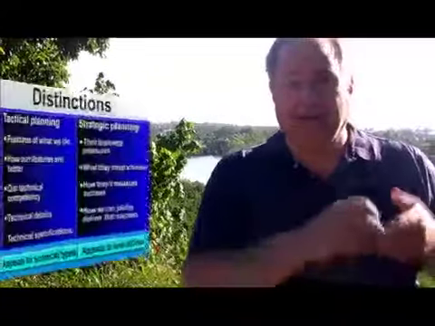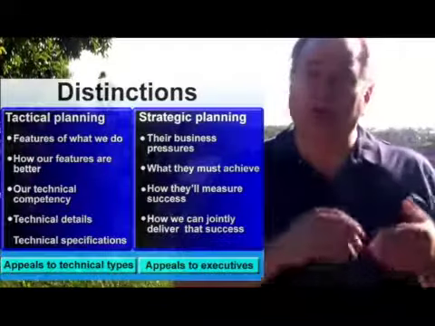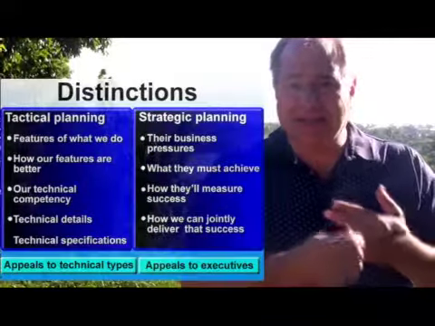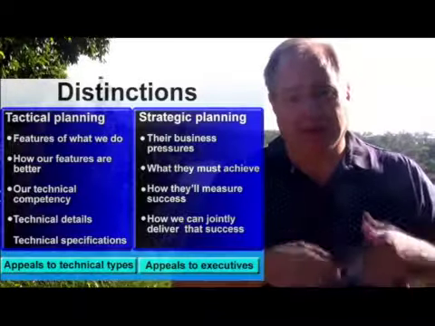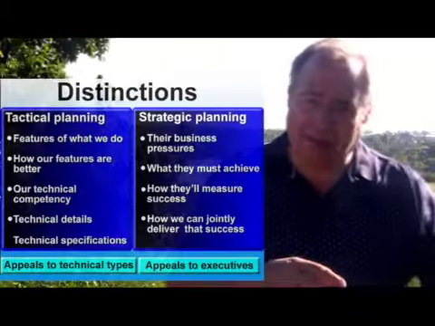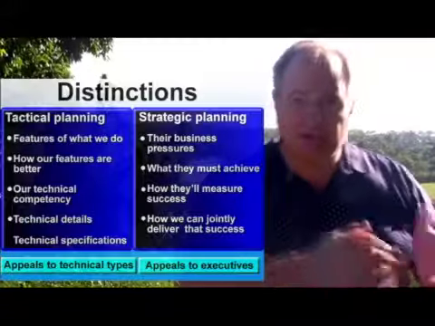Just to be sure I've made the point here, when we're doing tactical planning with an executive, we're talking about the features of the system or the building that we're going to build for them. We're talking about the technical details and specifications of that product and how we're going to build it, what response time, what noise insulation in the office space.